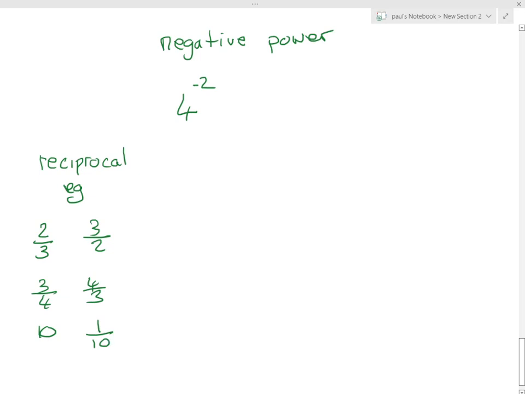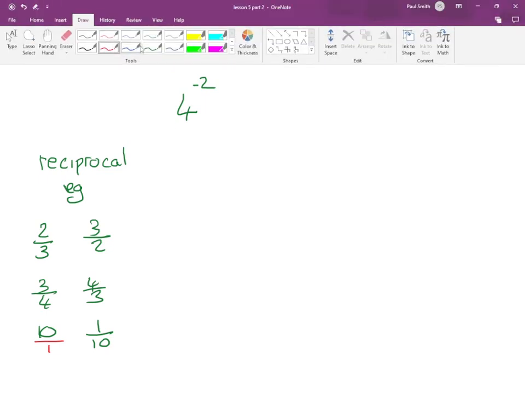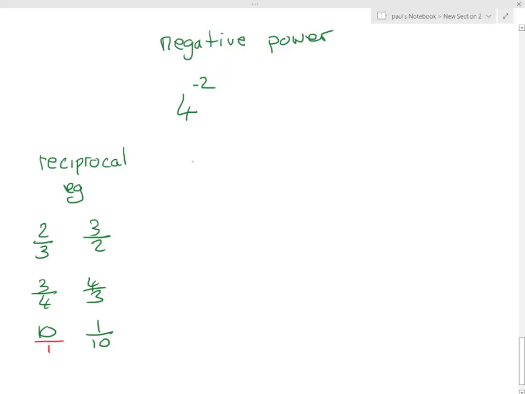The reason it's 1/10 is because 10 on its own could be seen as 10/1, if we were multiplying fractions. So we just turn it upside down. If it's a whole number, we write 1 over the whole number. So there's our whole number, so we write 1 over. So that comes as 1/4.